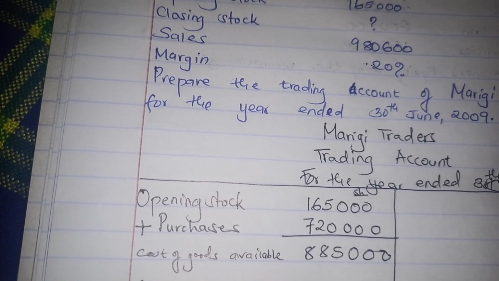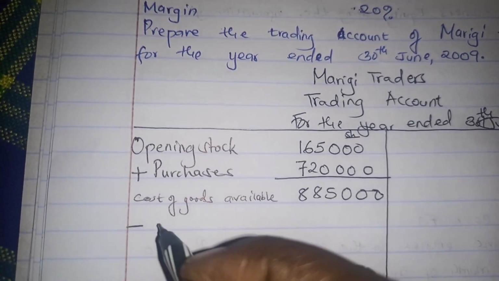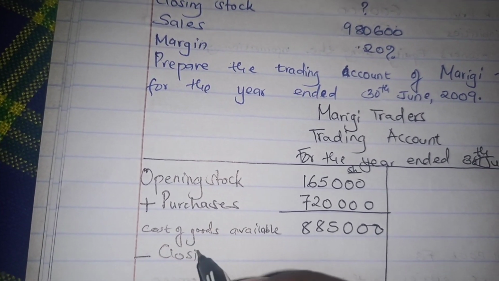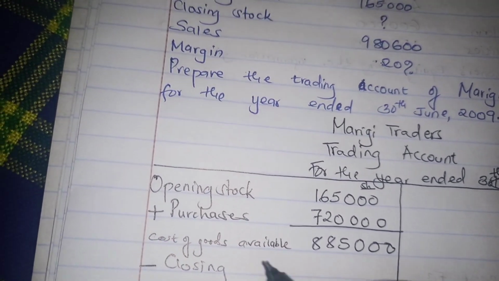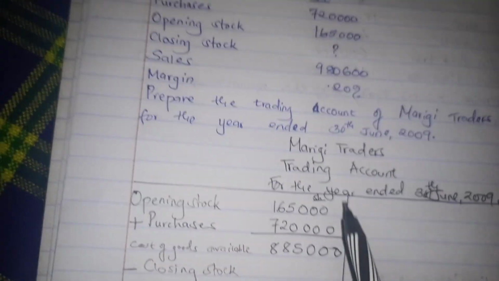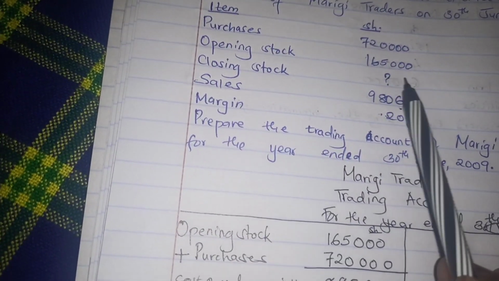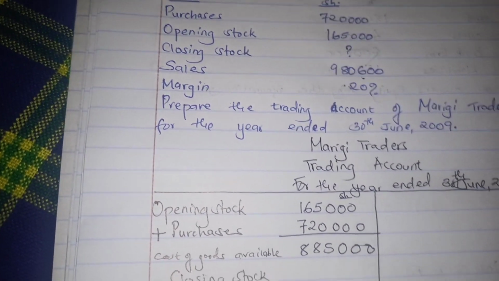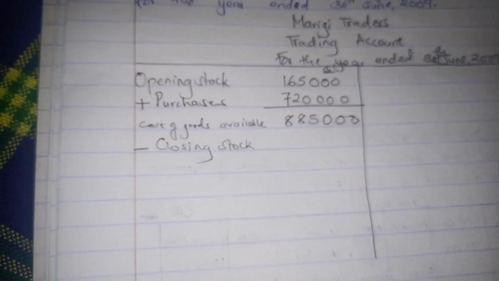And for us to do so, we need to less closing stock. And learners, at this point, remember, we are not given the closing stock. So that is where we start, using the margin.